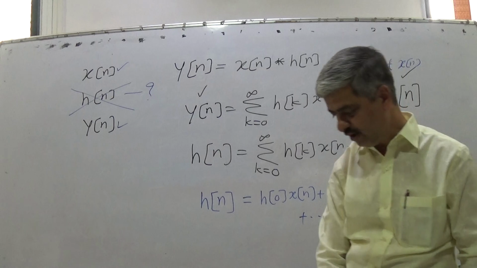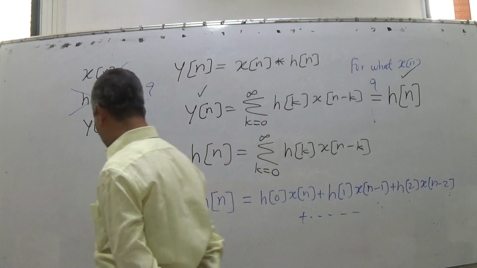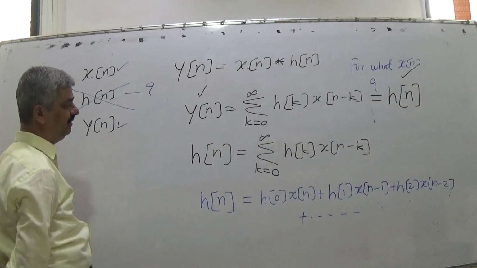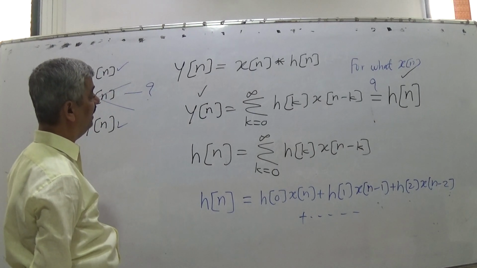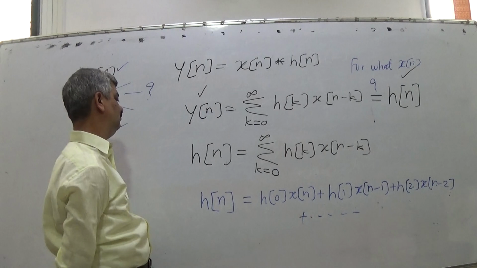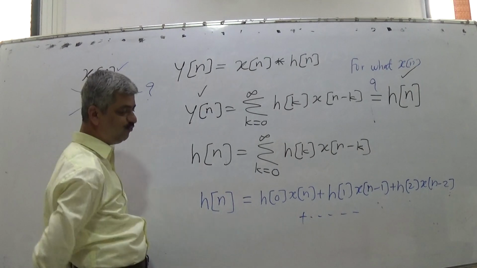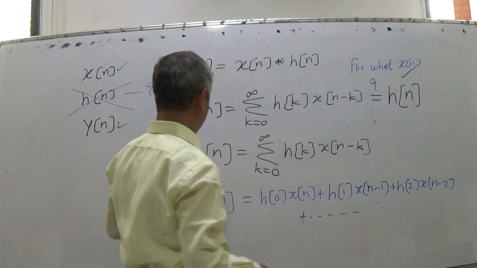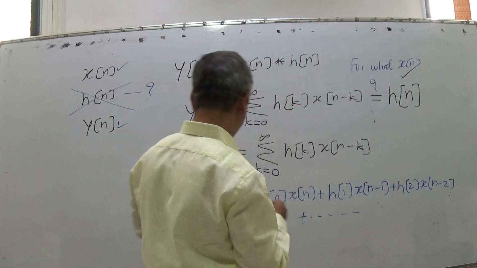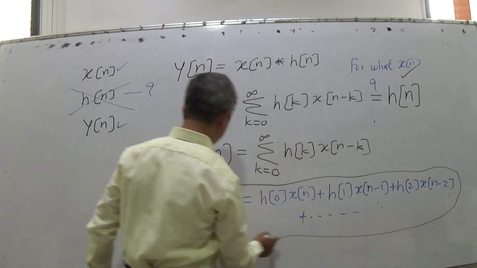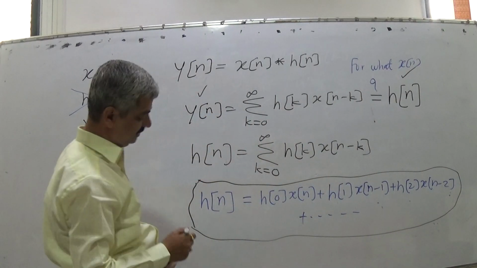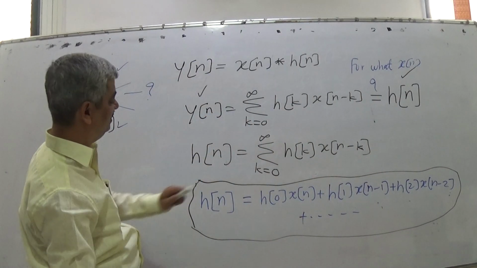So what should my xn be? This should be x equal to h n, means what? So again this is somewhat thought provoking. hn should be this, means what?